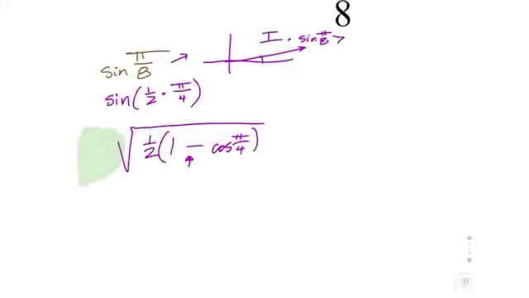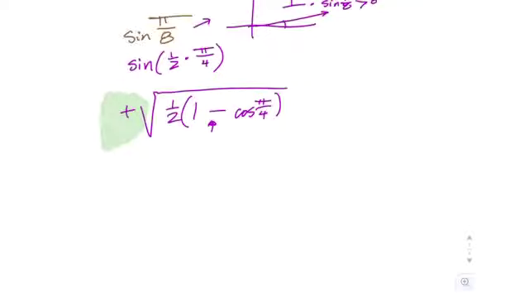In quadrant 1, all of them are positive. So we're going to go with the positive square root in front. Had that been like sine of 11 pi eighths, that would have been in quadrant 3, that would have been a negative. So just like we're used to figuring out where angles terminate, we just have to then know, in that quadrant, is the sine or the cosine positive or negative? That's how we get the sign in the front.